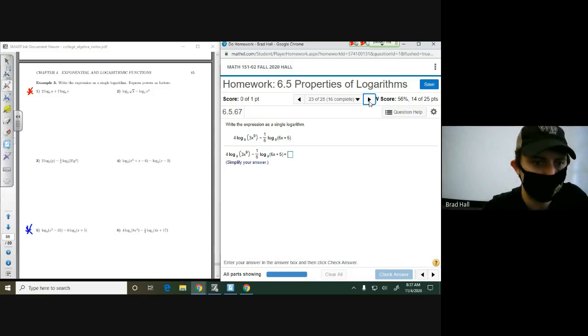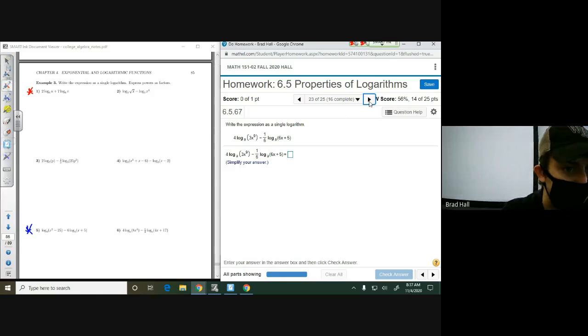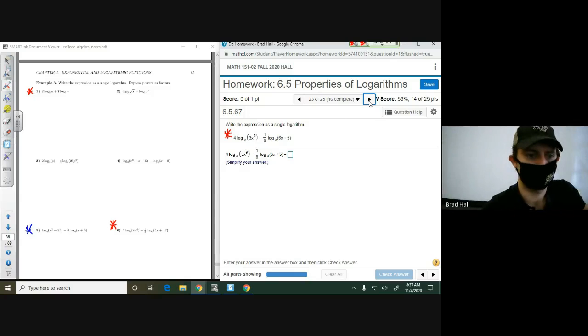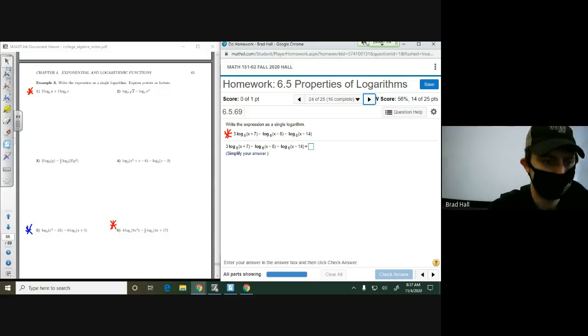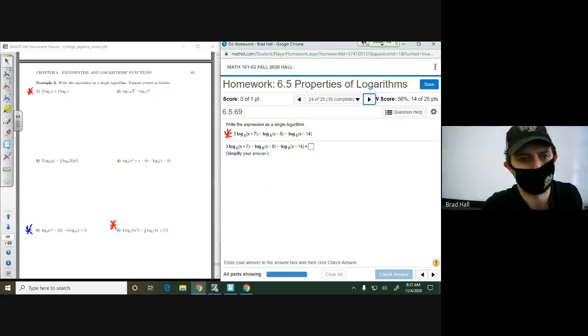This part here is almost exactly part 6 down here, so I'll go ahead and move past that one, see what 24 says. So go ahead and do this one.